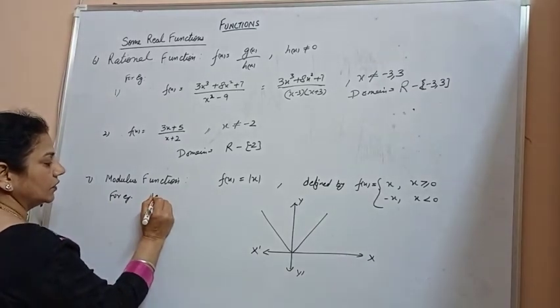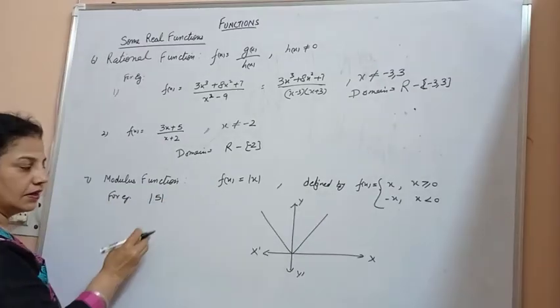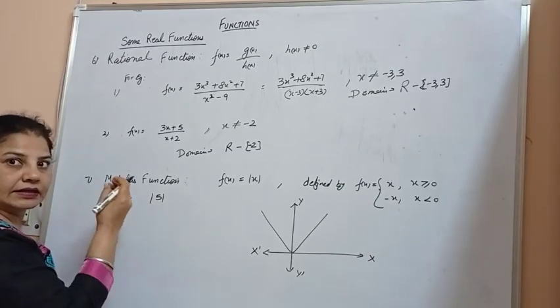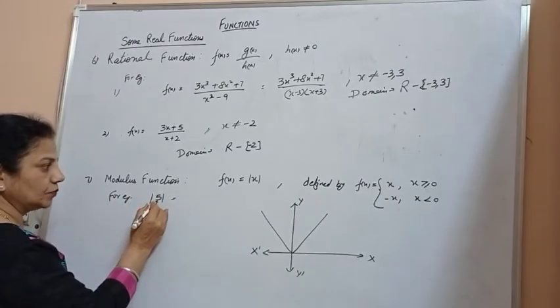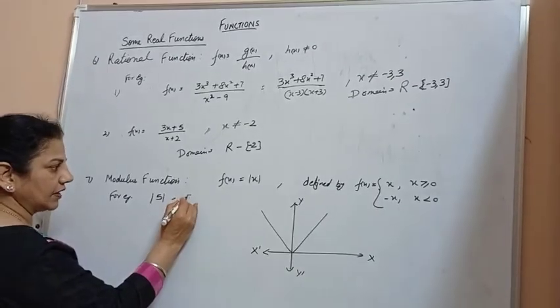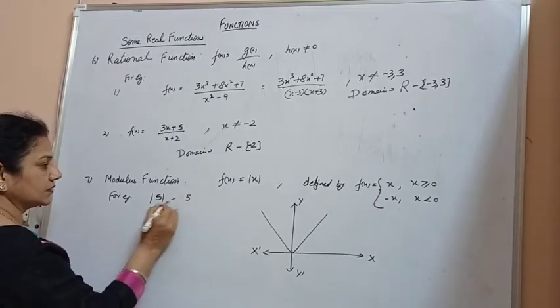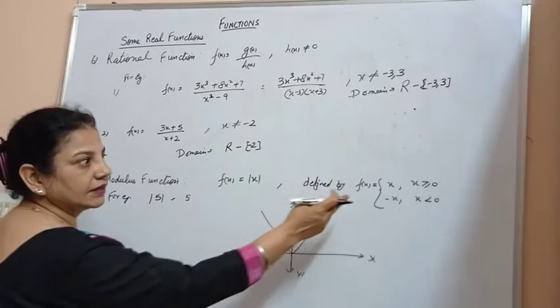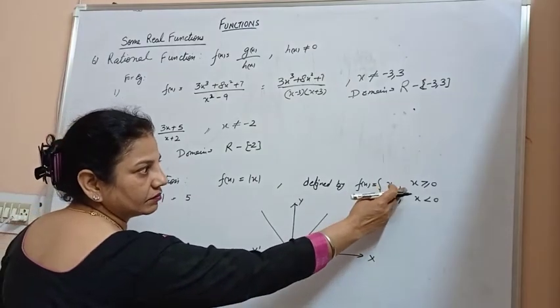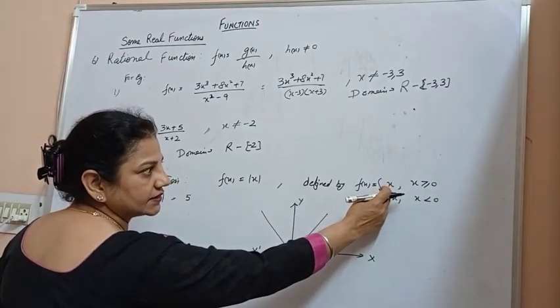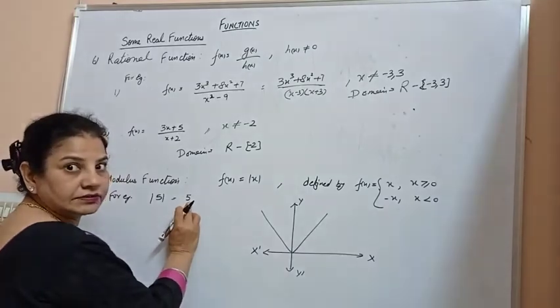suppose I have mod 5. When I take the value of x to be 5, I will get the value 5, because 5 is greater than 0, so I get x as 5 only.